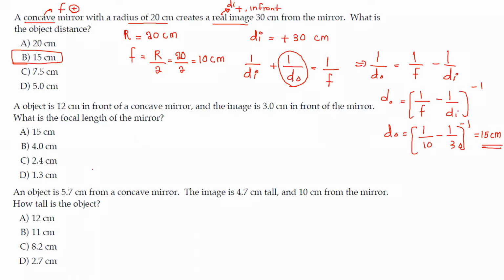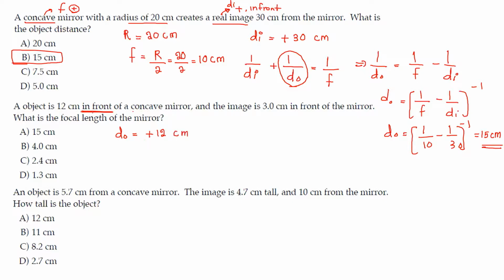So the next one. An object is 12 centimeters in front of a concave mirror. In front means object distance is plus 12. So usually objects are in front of the mirror, right?